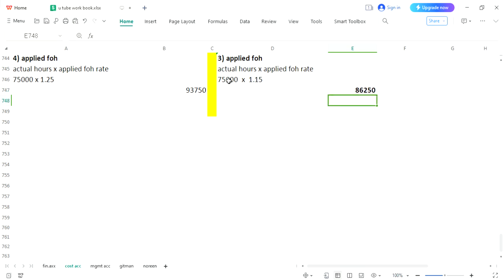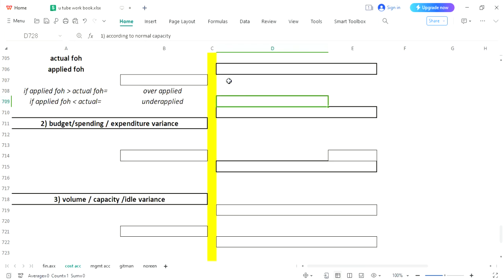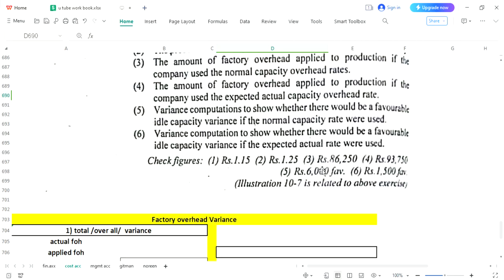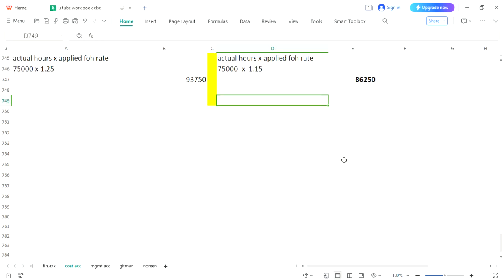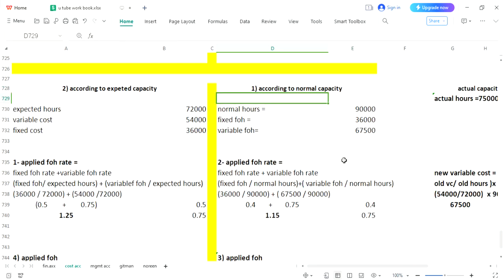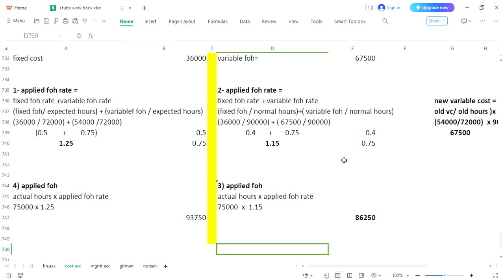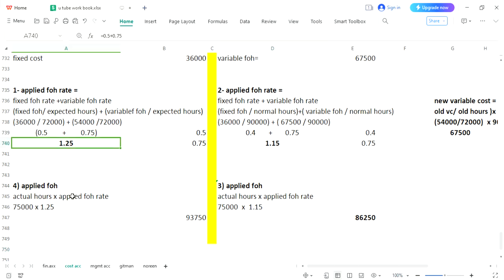Now the third answer is 86,250. Let it be checked. Third answer 86,250. So both answers now match. Since the statement was misleading, now we have rectified it. 75,000 are actual hours, applied FH rate according to expected capacity 1.25. So the third and fourth requirements are also completed.